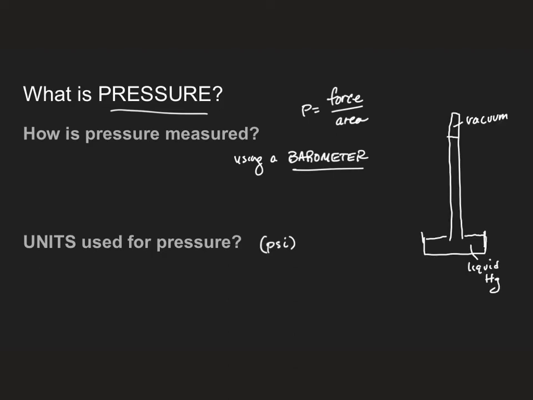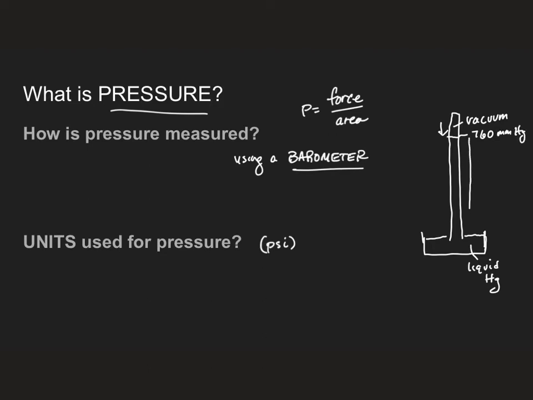The early barometers that were made by the scientist known as Torricelli were a very long glass tube, empty of all substances, including air, that was filled with mercury and then inverted into a dish of mercury. Mercury is a very dense liquid, and so the mercury would settle in the tube at a height of 760 millimeters tall.